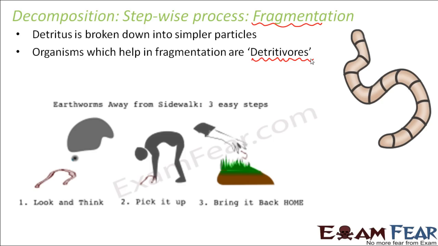And which is the home of an earthworm? It is nothing but the soil. Bring it back to the soil so that it can do its job peacefully. So this is the first step of decomposition, where detritivores break down the detritus into simpler particles. Since it breaks it down into simpler fragments, it is called fragmentation.